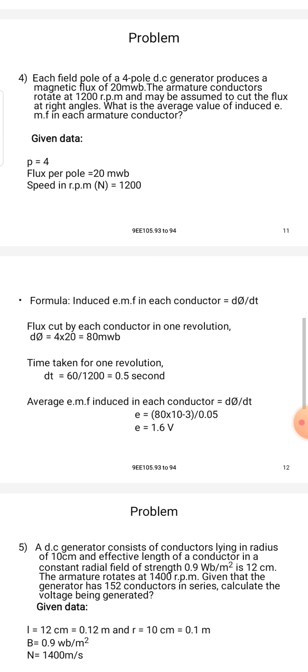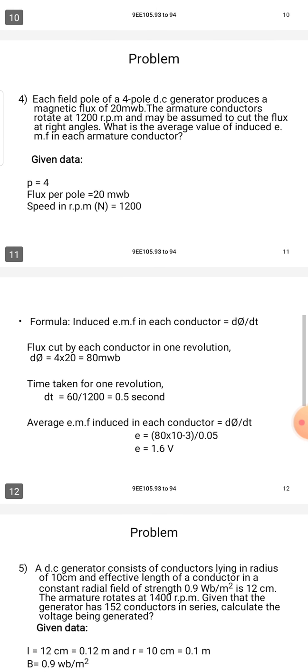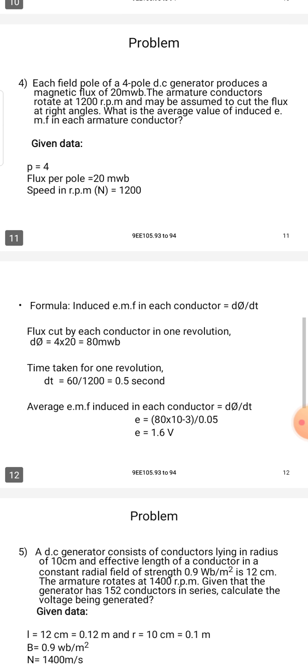The armature conductor rotates at 1200 rpm. Assume that it cuts the flux at a right angle. What is the average value of the induced EMF in each armature conductor?